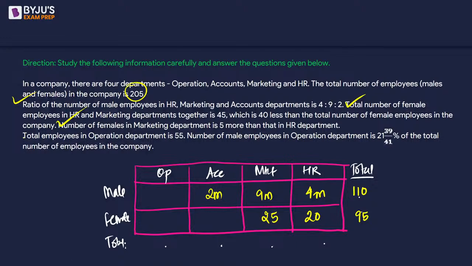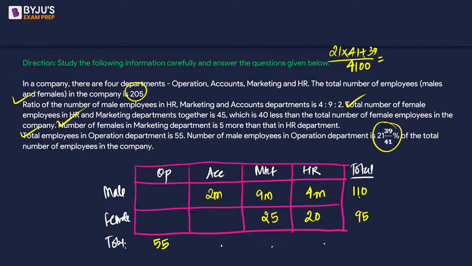Okay, the next is total employees in operations department is 55. Number of male employees in operations department is 21, 39 by 41% of total number of employees. Since this is a mixed fraction, we can write this as 21 into 41 plus 39 divided by 41. And since we have percentage, I will write down 4100.